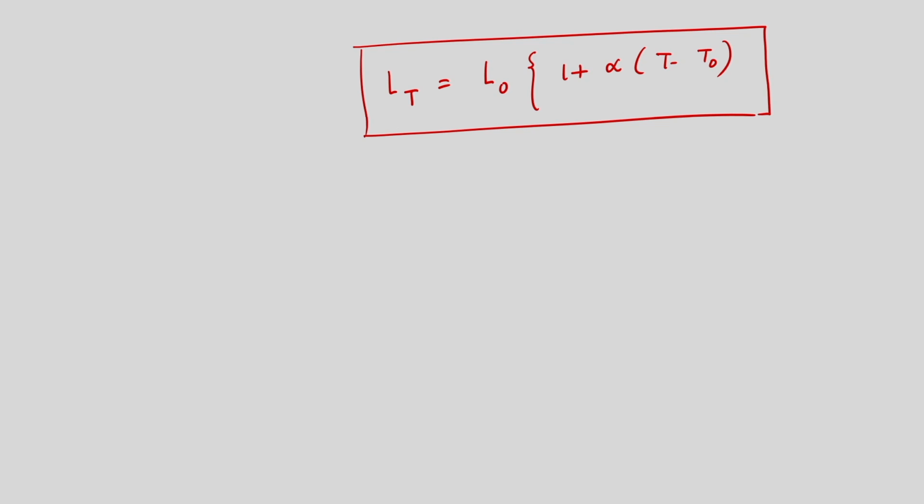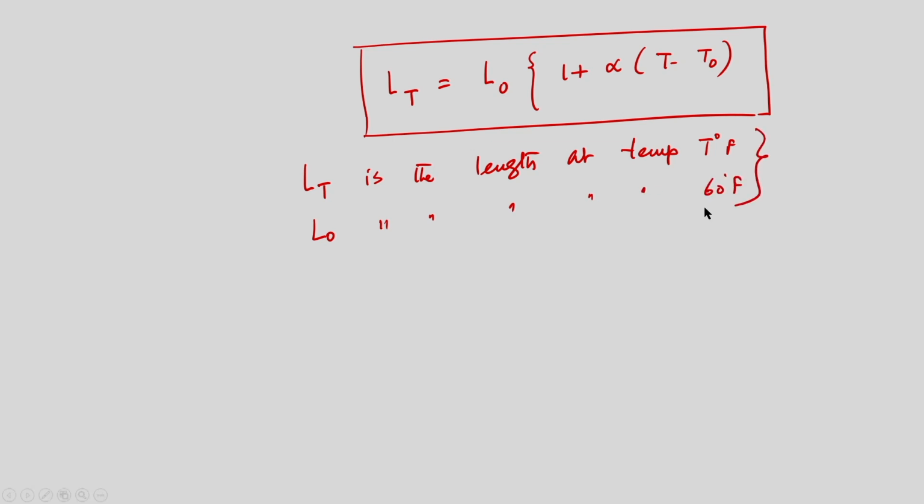With a change in temperature, we have the linear coefficient of thermal expansion, so what will be the change in length? This L_T is the length at temperature T degree Fahrenheit, L naught is the length at temperature 60 degree Fahrenheit, right.